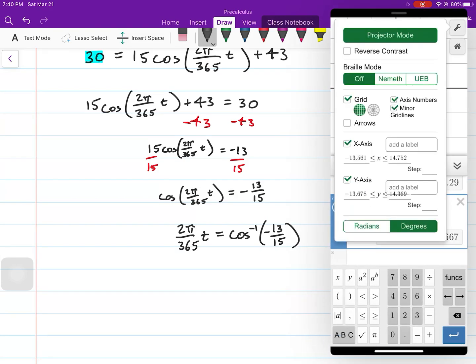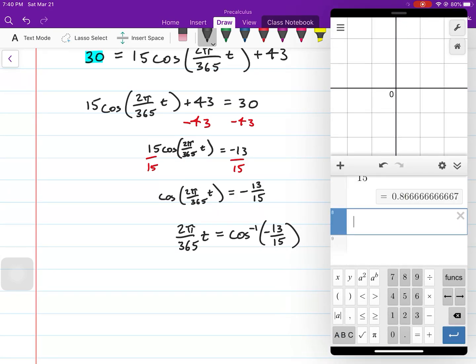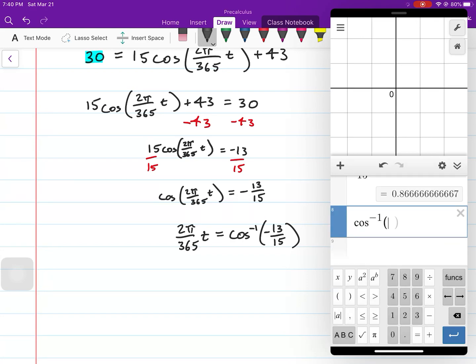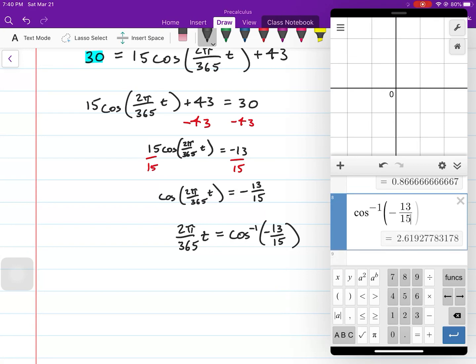And make sure that I'm in radians. So nope, I'm in degrees. So let's do cosine inverse of negative 13 divided by 15. And that's going to be 2.62. We'll go out to the hundredths place.